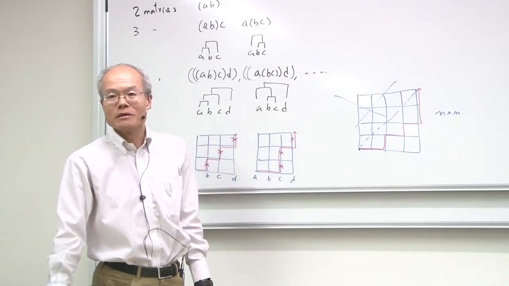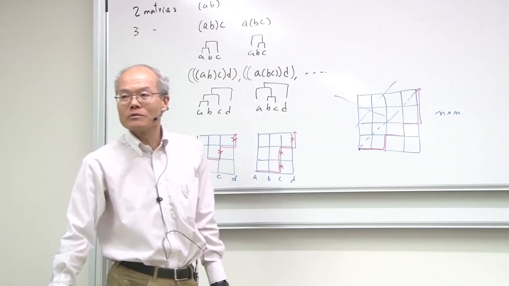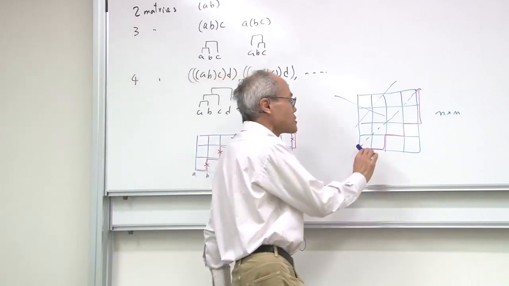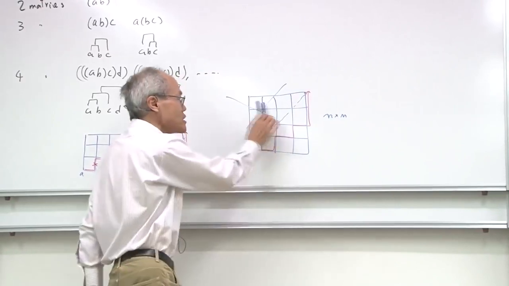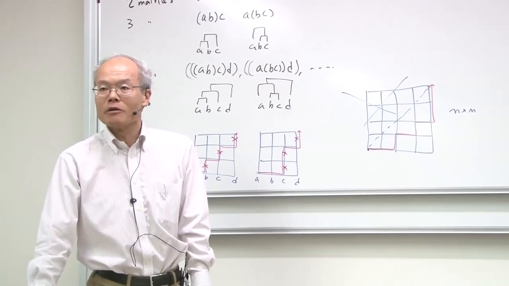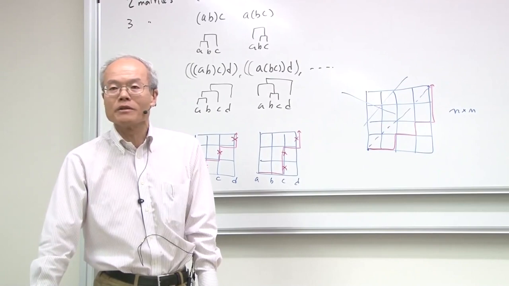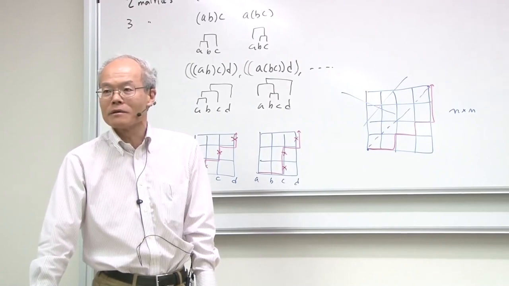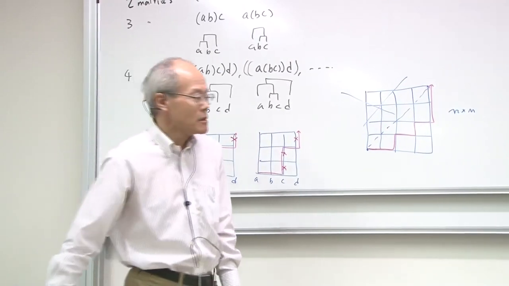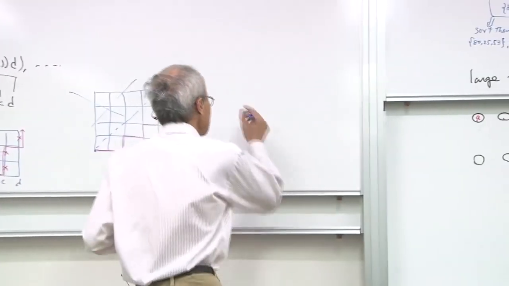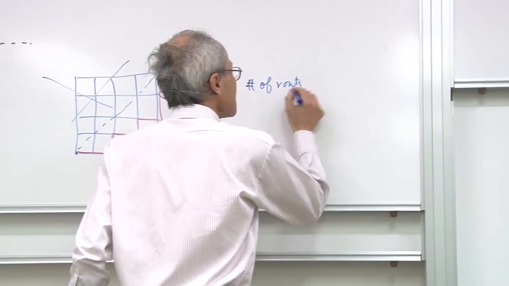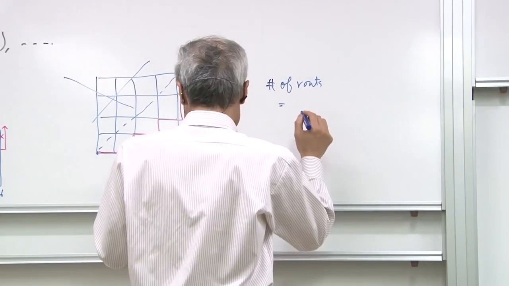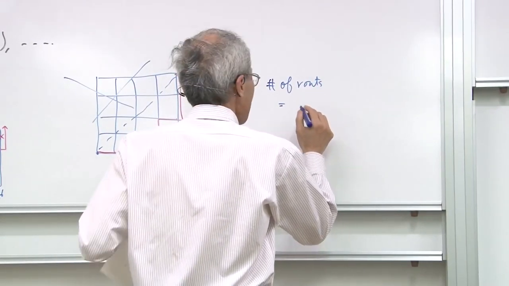Just forget it. So let's consider the number of different routes from here to here. Now you can get into this part also. Then how many routes do you have? Okay, that is... okay.